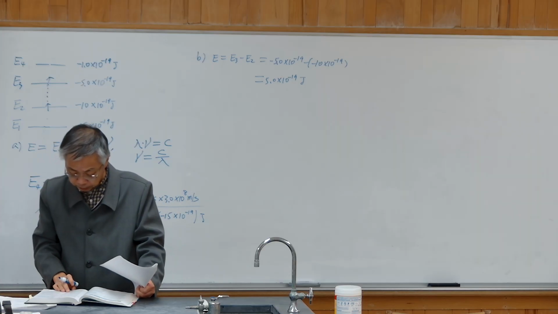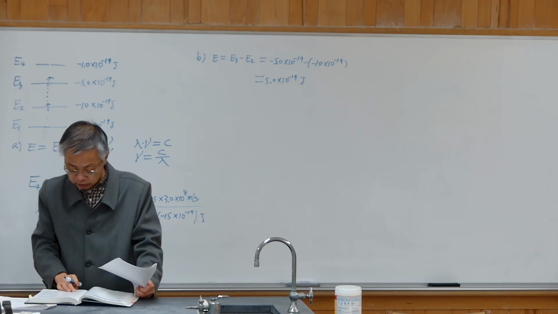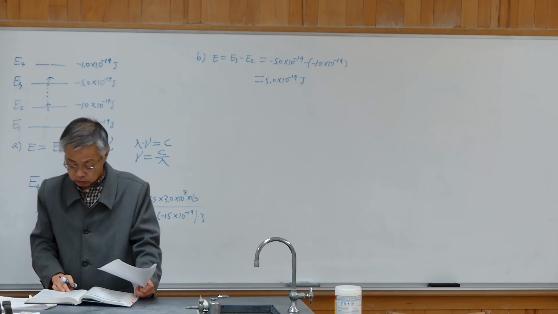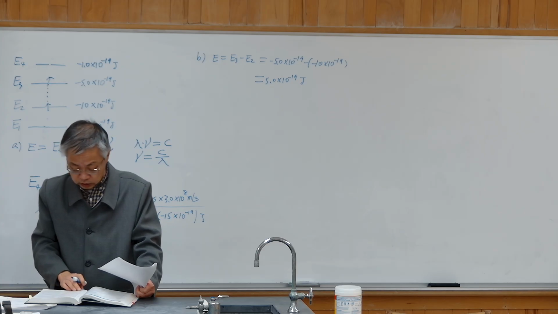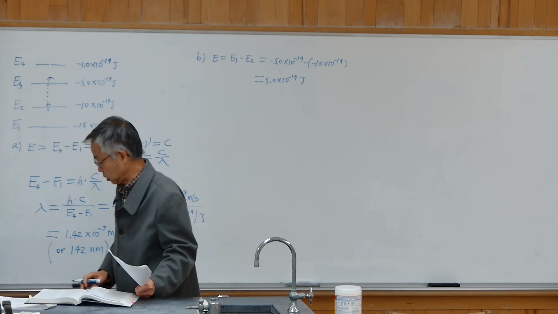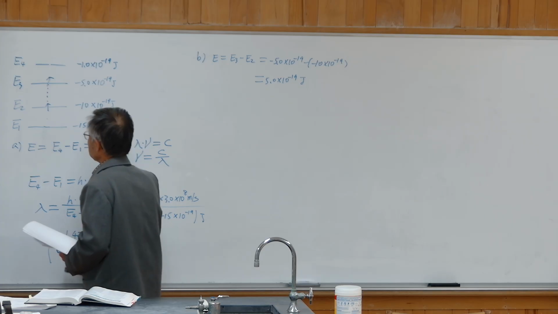Then C, when an electron drops from E3 level to E1 level, this is from higher energy level to lower energy level, it will release energy. We call this atom emission. Calculate the wavelength of the photon emitted in this process. So C is from E3 to E1.